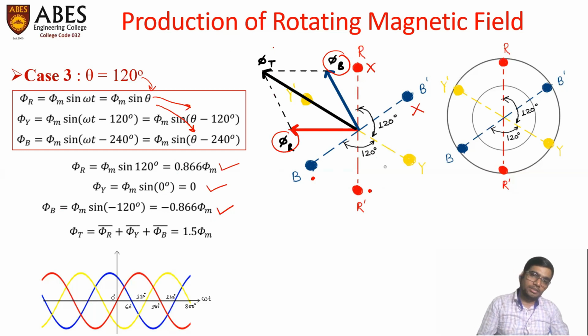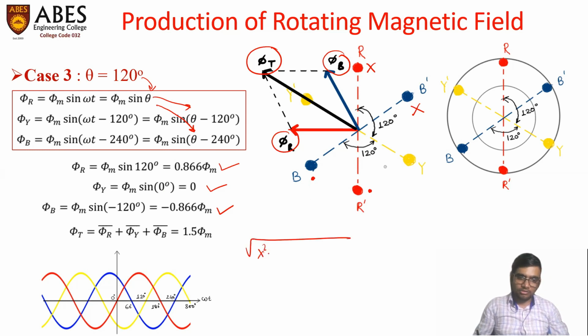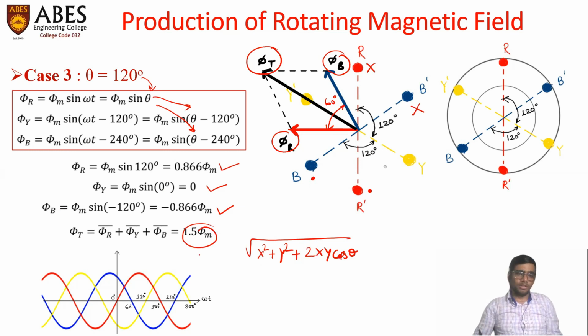The total flux phi t can be found by using the standard formula, that is under root of x square plus y square plus 2xy cos theta. And theta in this case is again the same 60 degrees. So the resultant again becomes 1.5 times phi m. Magnitude is 1.5 times phi m.